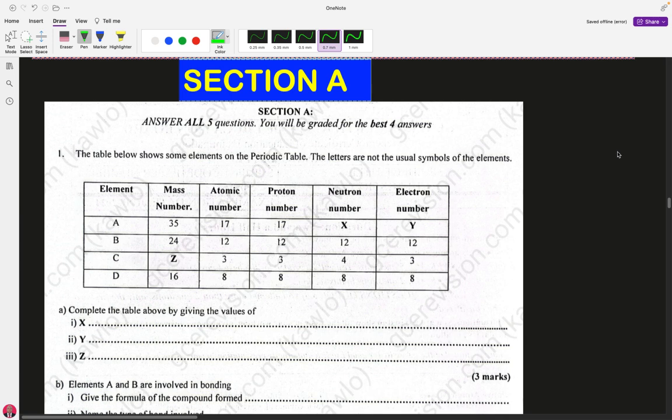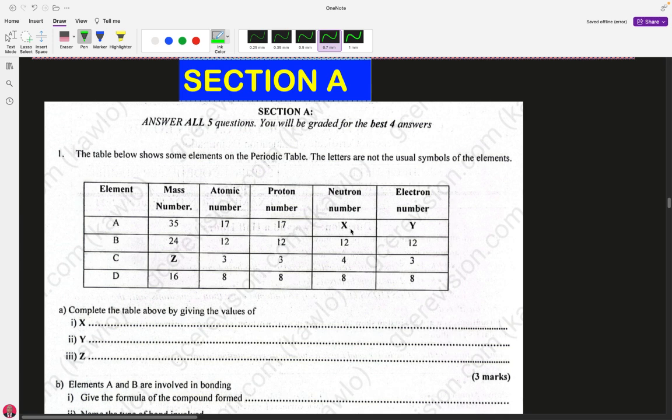So, question A, based on the data that has been given. Complete the table above by giving the values of x. Looking at the periodic table, the value of x, the number of neutrons.